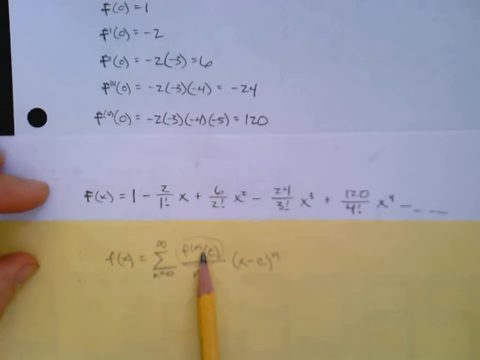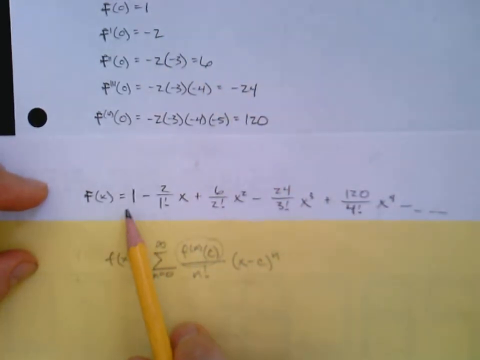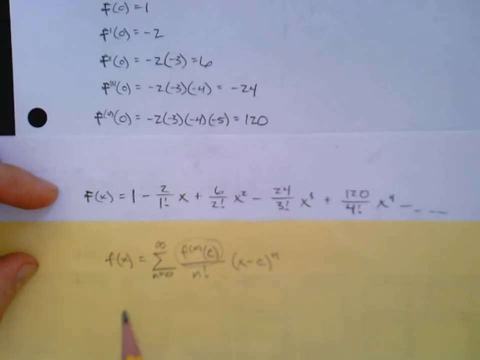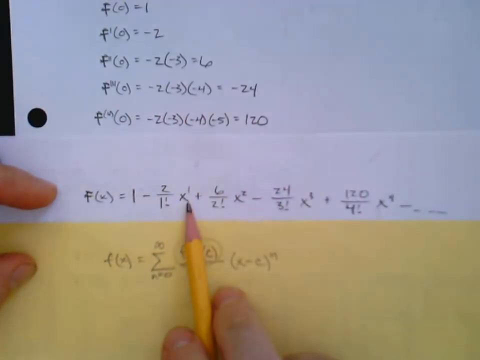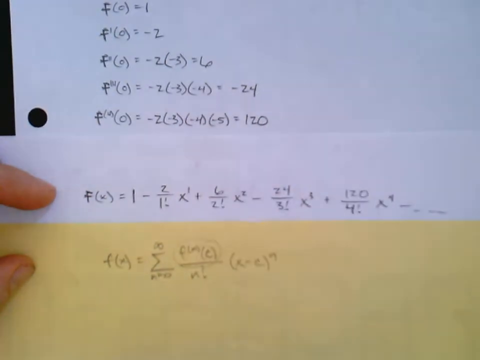So 0th derivative, we've got our numerator 1. It's over 0 factorial, and we raise to the 0 power, so it's just that number. The second numerator is -2 over 1 factorial, and we raise to the first. Remember, this is a Maclaurin series. We're centering at 0, so think of that as x minus 0.